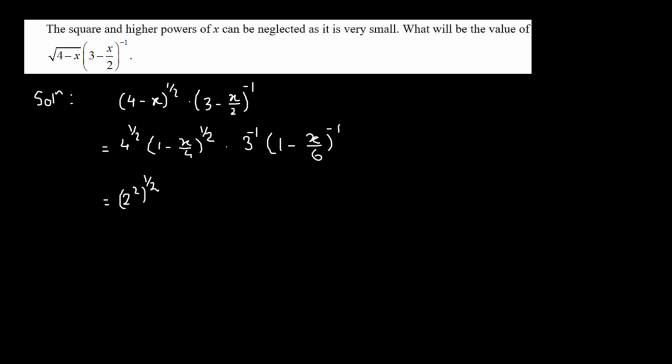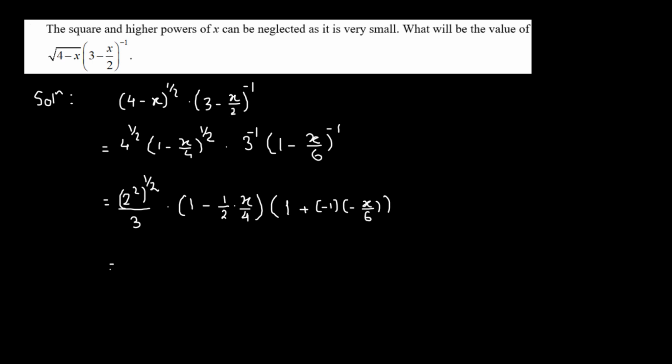Then we can bring the 3 to the power -1 to the front, so that is simply 1 over 3 times 1 minus half times x over 4. For the first expression, that will be the binomial approximation. For the second expression, we have 1 plus negative 1 times negative x over 6.